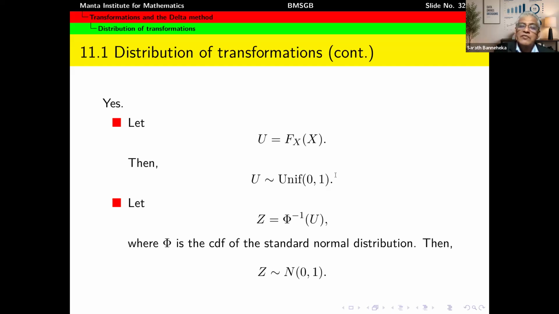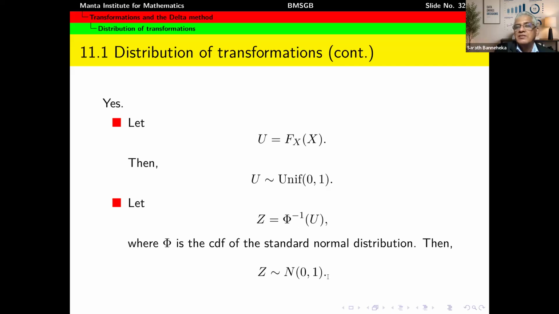Now let us define a new random variable Z, for example, the inverse of the standard normal distribution evaluated at U. So from those, you will get some Z values, which are standard normal. This is the inverse of the standard normal cumulative distribution function. So Z will be standard normal.